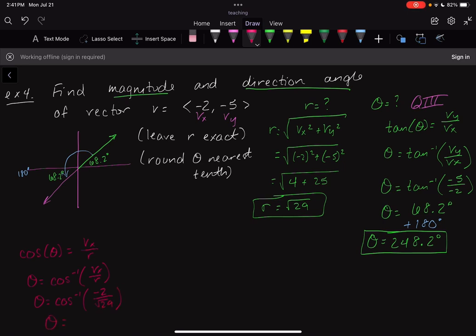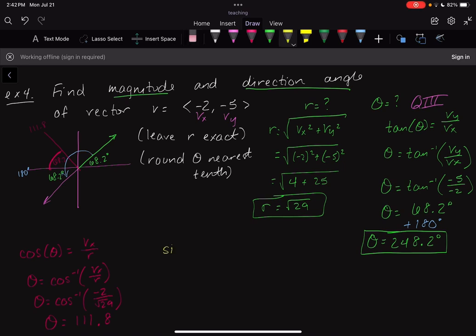So this one, because it's a negative, it's going to give me an answer in quadrant 2. That can be kind of hard to then move into quadrant 3. So this one actually tells me it's 111.8. But that's not right. What's really happening there is it's telling me this angle right here, which is 68.2 from 180. So you would have to find that and then add it to 180.